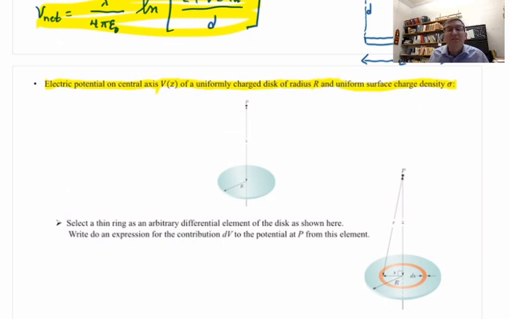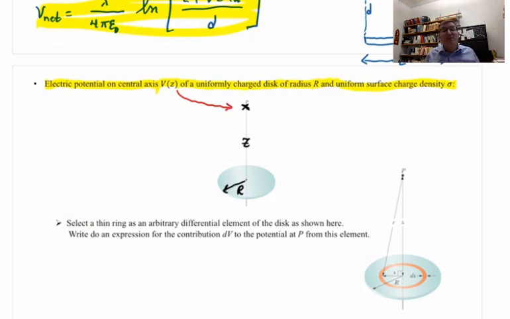You can see the disk. It's got a radius big R, like that. The point P is on the central axis, height z above the center. And that's where we are at the point marked with the X. And we want the net electric potential there at that point P. Okay?